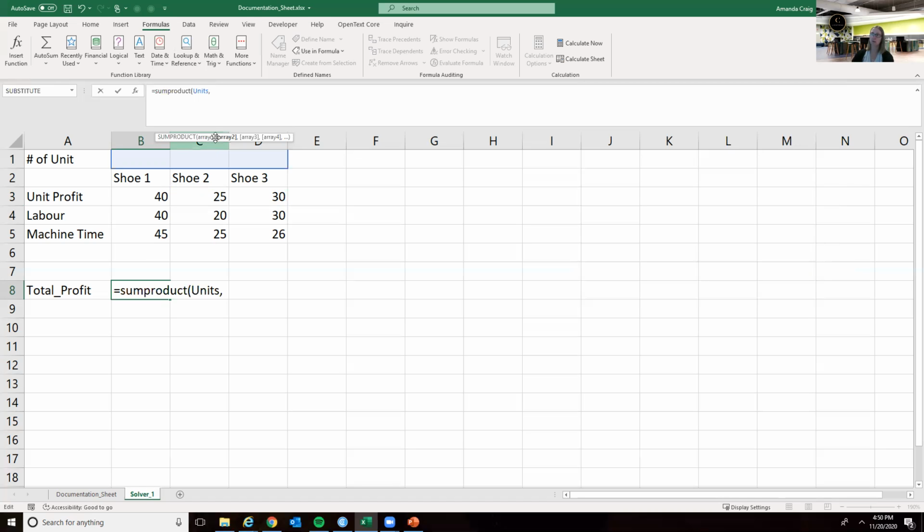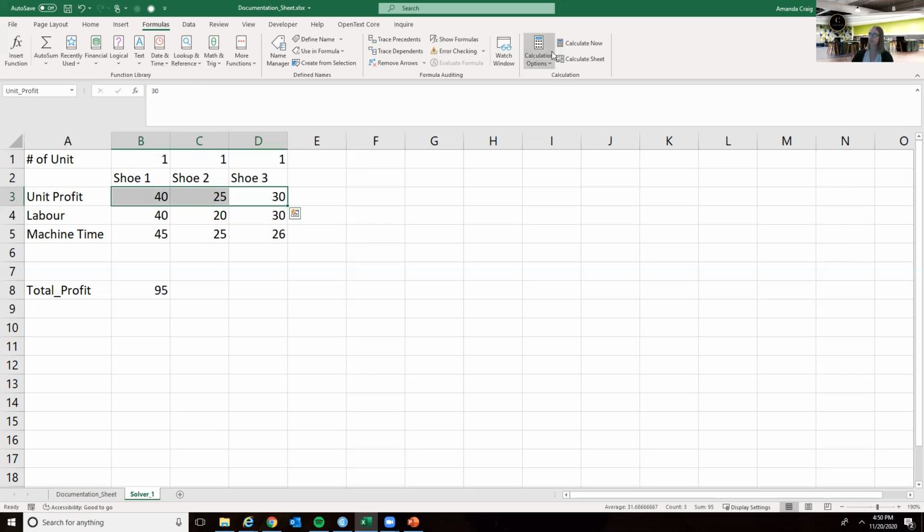Note the syntax is a comma in between the 2 groups of cell references, and then unit profit. And right now that's going to be 0 because my number of units is 0. If I add that to be 1 unit of each, you'll see that the total profit is, of course, $95. So profit is our goal.